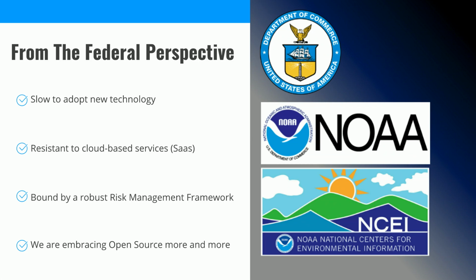We are bound by a robust risk management framework. You may have heard of NIST. It's the National Institute for Science, I forgot what it stands for. But they come out with a risk management framework that pretty much every federal agency is supposed to comply with.